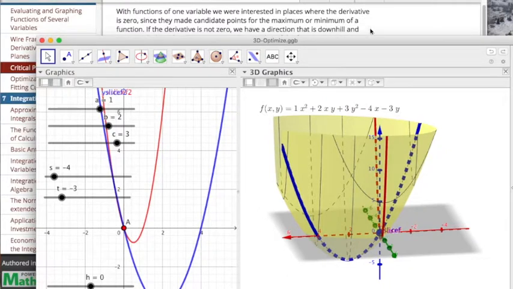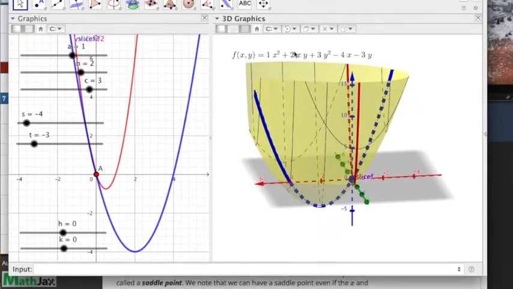So I have the function from the first example, f of x, y equals x squared plus 2xy plus 3y squared minus 4x minus 3y, and that's this nice yellow surface. If I have h and k, I'm starting at 0, 0 and cutting the function.